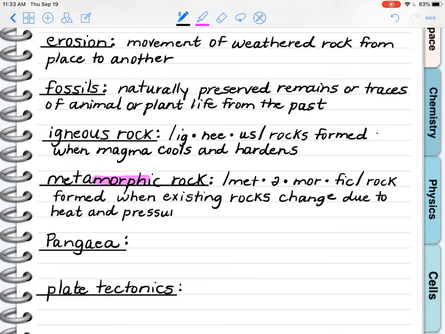So when a rock is exposed to heat and pressure, it's called a metamorphic rock. It changes its form. And as soon as that change occurs, it's a metamorphic rock.